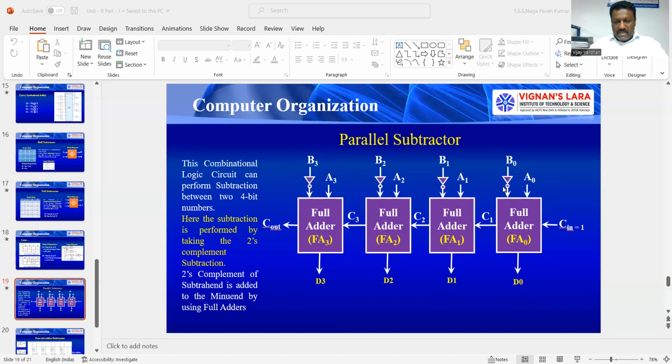It is the 1's complement of B, and Cn is equal to 1. So the complement of B plus 1 is equivalent to the 2's complement of B, which is added to the A input. In that process, I get the difference outputs as well as the carry out. So this is the borrow output.